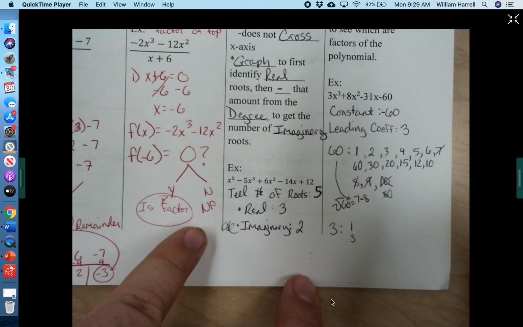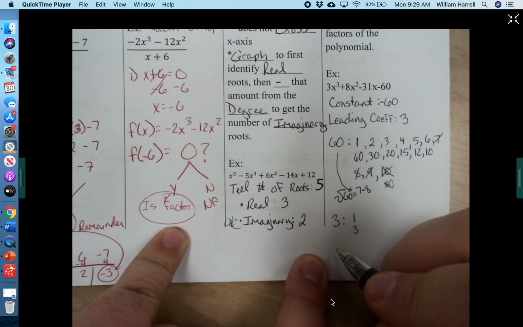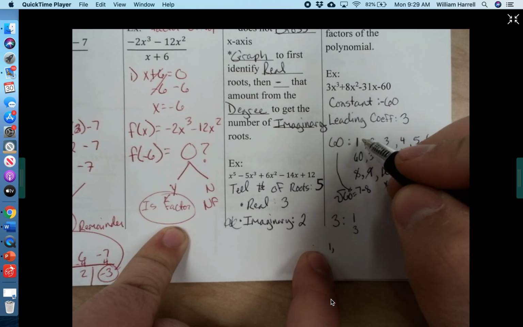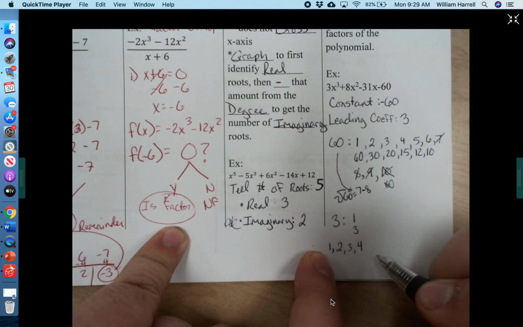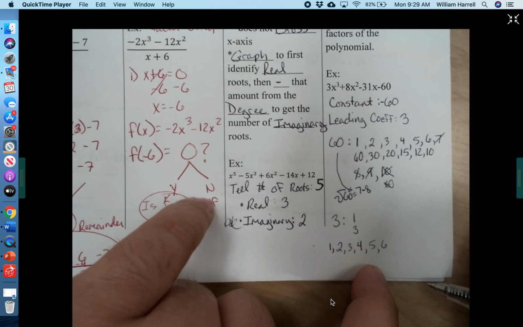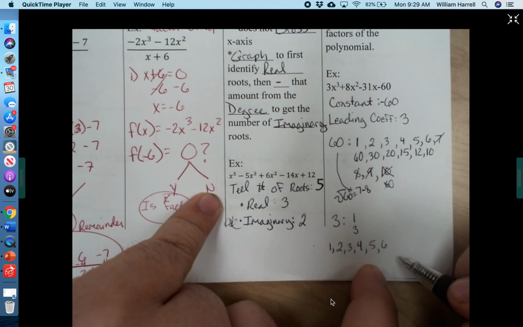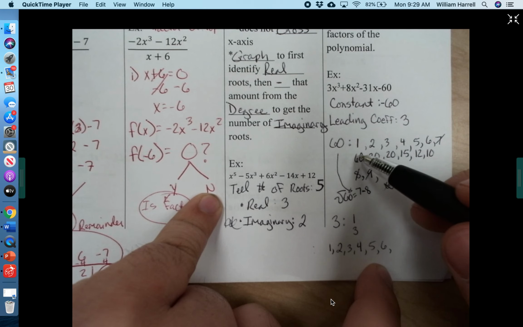So I'm actually going to take the time to write all of these down. 1 divided by 1 is 1. And then 2 divided by 1 is 2. Again, 3 divided by 1 is 3. 4 divided by 1 is 4. 5 divided by 1 is 5. 6 divided by 1 is 6. And this is where I become a little bit special. 60 is bigger.